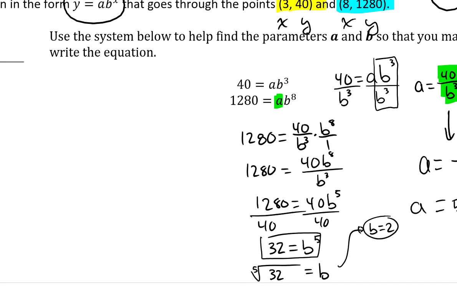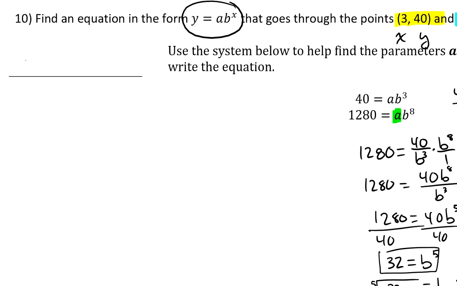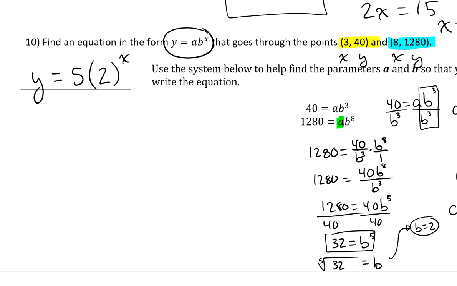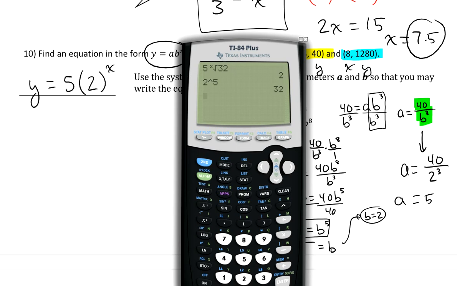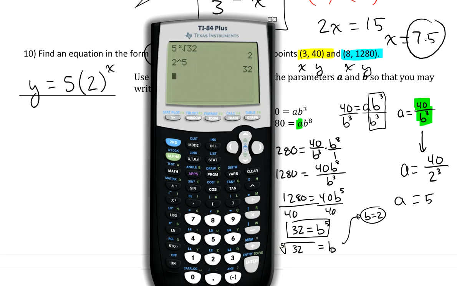So can I write that equation? Absolutely. It is y equals a times b raised to the x power. A great way to check this too is if you use 3 for x, you should get 40 for y.